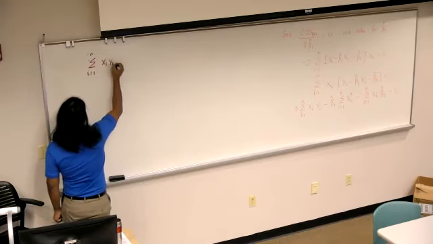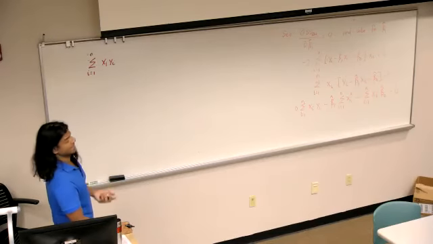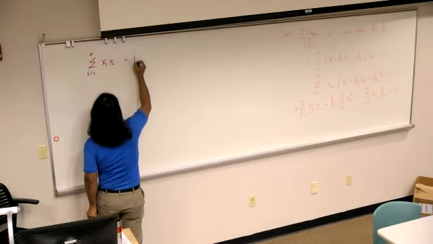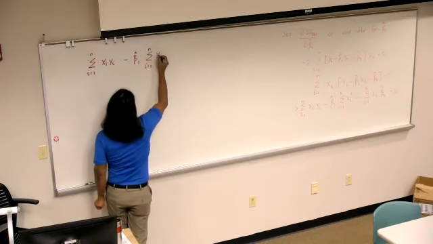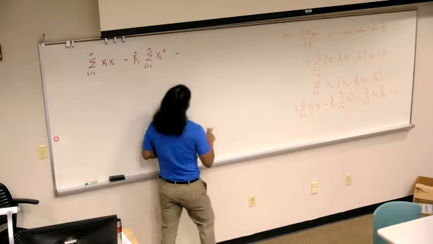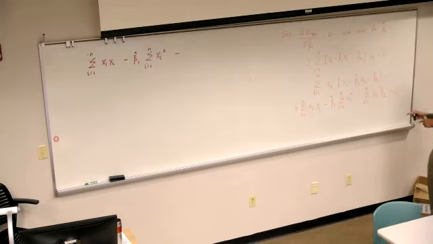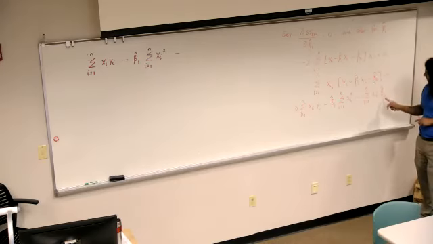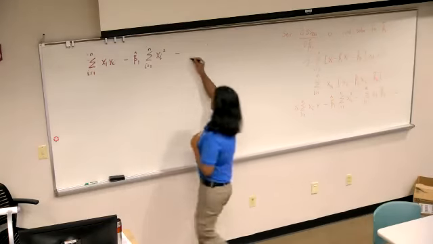We already estimated beta naught hat. So from previous results, I know beta naught hat is y bar minus beta 1 hat multiplied by x bar. So beta naught is a constant, so I can put it outside of the sum.